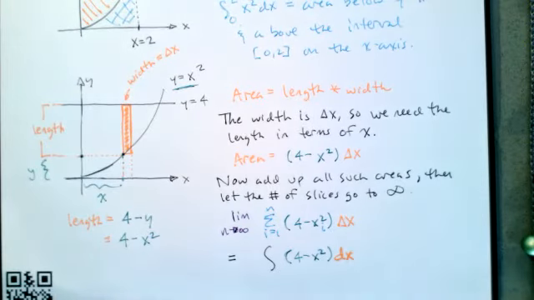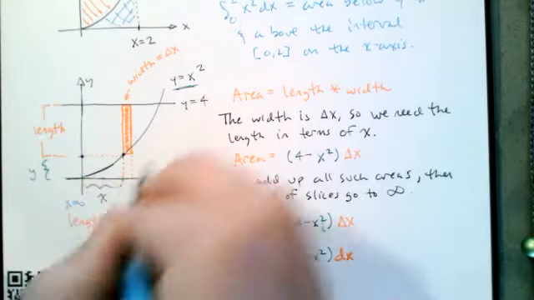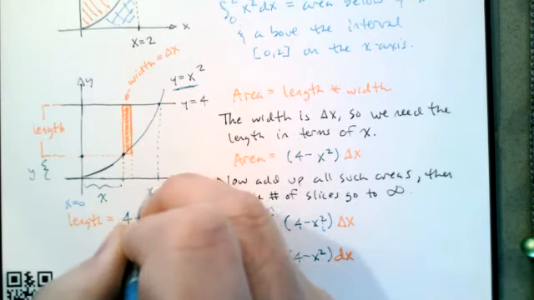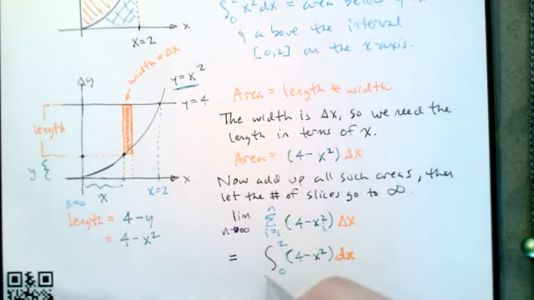And the definite integral is set up with x values. So we integrate all the x's where we see a slice of the region. And the x's start off at 0, and the x's end at 2.